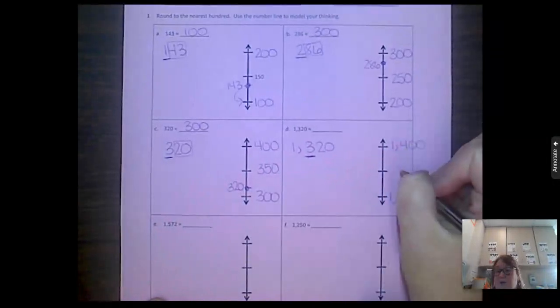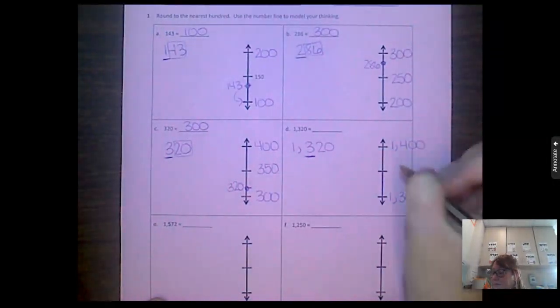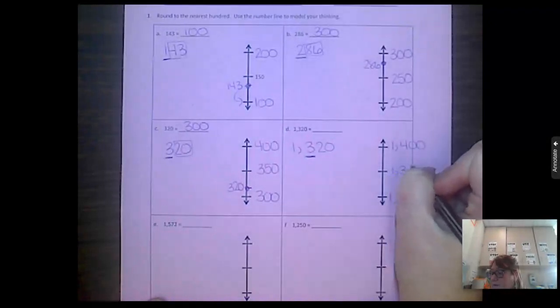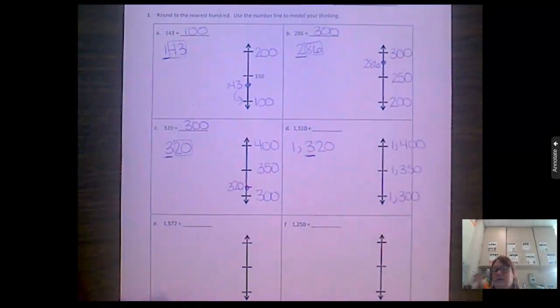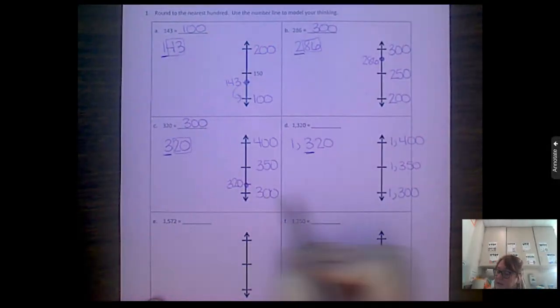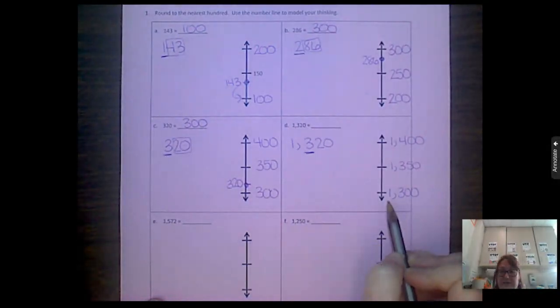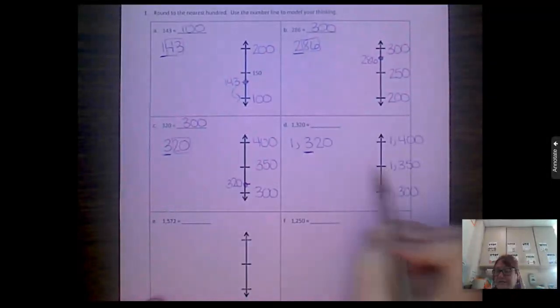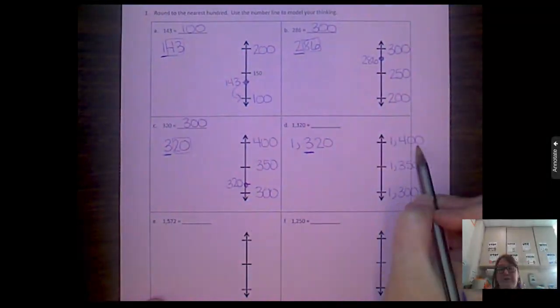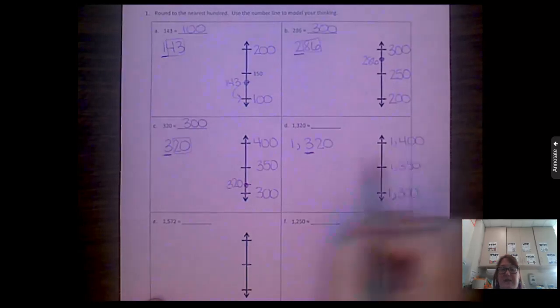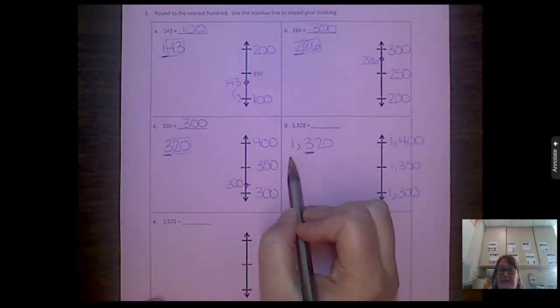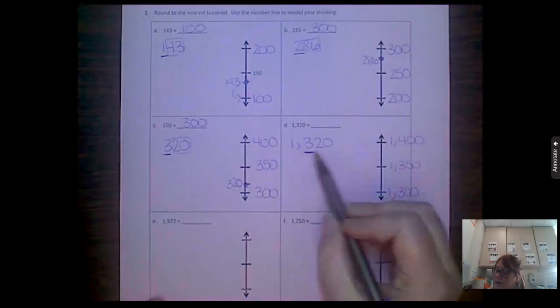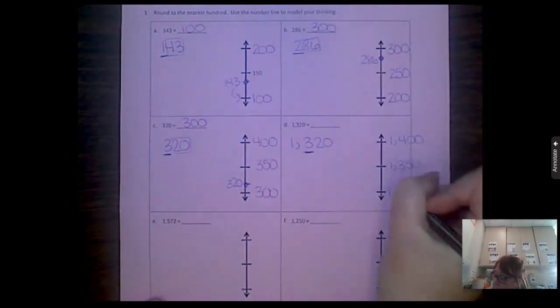And then what goes right in the middle there? 1,350. Look, 300, 300. We just added the 1,000 in front of it. 350, 350. We just added the 1,000 in front of it. 400, 400. We just added the 1,000 in front because that was the change here, right? We added the 1,000. So 1,320, it's still going to be right about there, right?